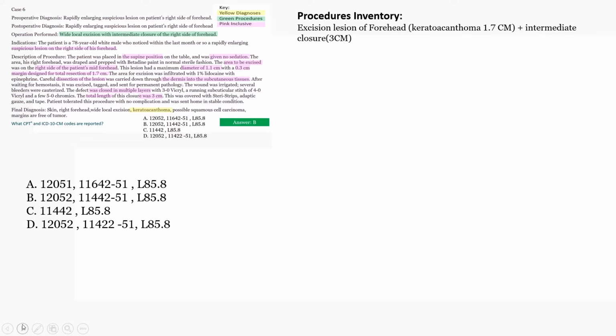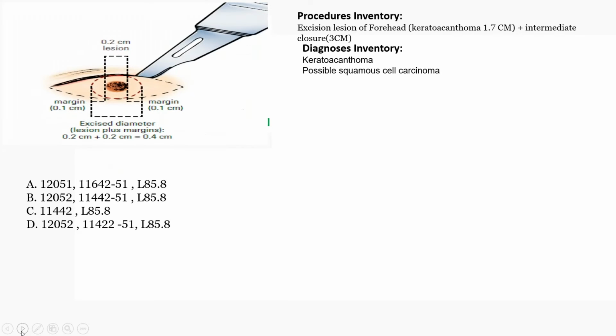The second procedure performed is the intermediate closure of the defect, which was around 3 centimeter. And for the diagnosis, we have keratoacanthoma and possible squamous cell carcinoma. You must all know that we won't be coding the possible squamous cell carcinoma because it's a possible condition, not a confirmed condition.